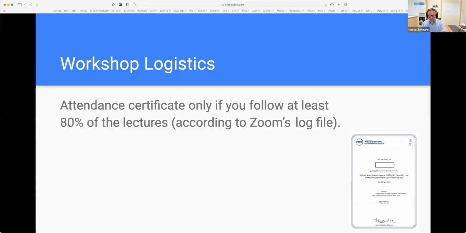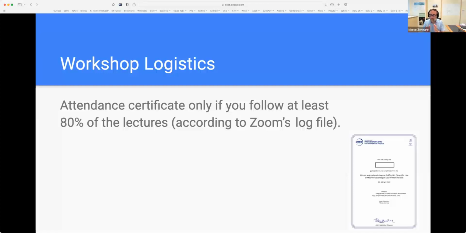So getting again to logistics, ICTP provides certificates of attendance at the end of the workshop. In the days before COVID, that was easy. We met people in the lecture room and we knew who attended and who missed the lectures. But nowadays in our world with Zoom, it's a bit more complicated.